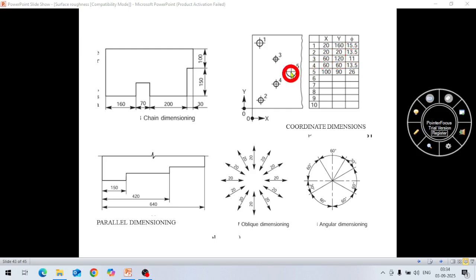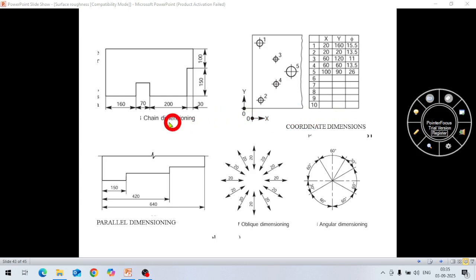Same way for holes 3, 4 and 5. So in the table, the x, y coordinates and dia are given. So this way we can do coordinate dimensioning.